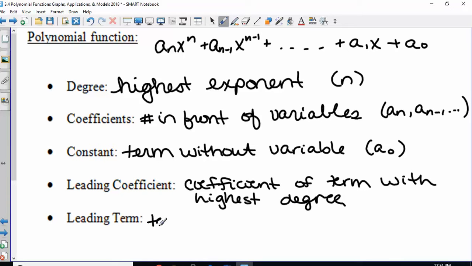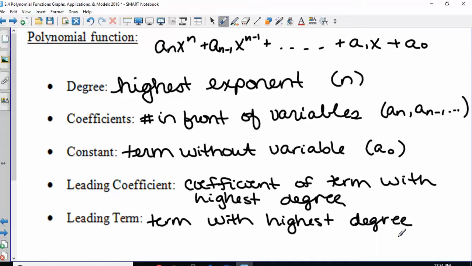And the leading term is just the term with the highest degree. We've seen some of these terms before, so they're not all new. We've talked about degree, we've talked about coefficients, constants, so those pieces aren't really new to us. We just need to refresh them a little bit.